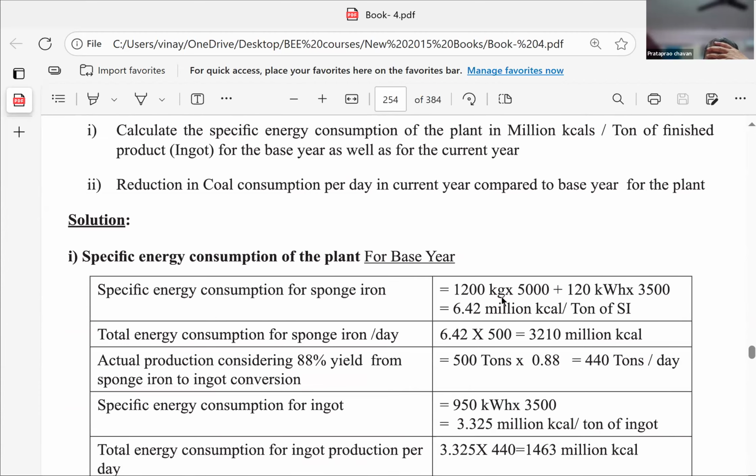So these two he has compared, he has taken together the specific energy consumption, this into the mass, 5,000 and another process is 3,500. The weighted average he has taken per ton of sponge iron, so many kilocalories. Total energy consumption per day, so many tons into 500 is equal to so many million kilocalories.